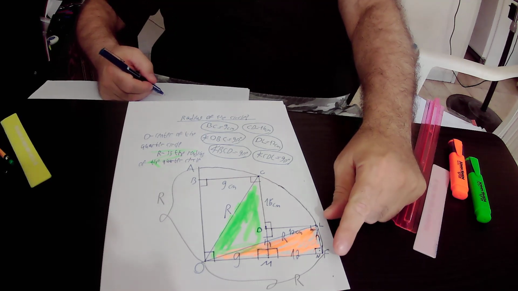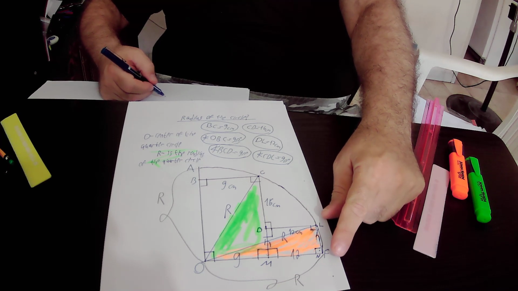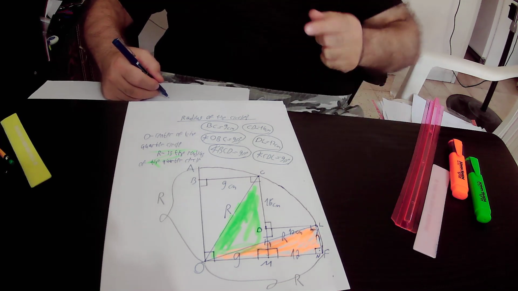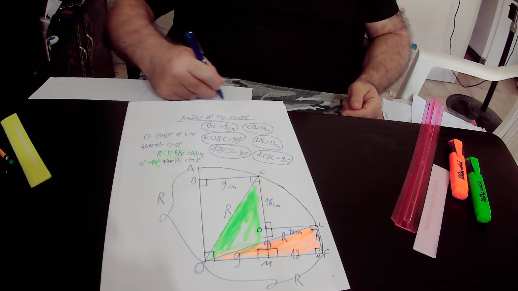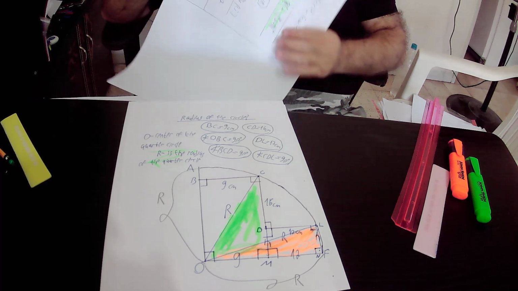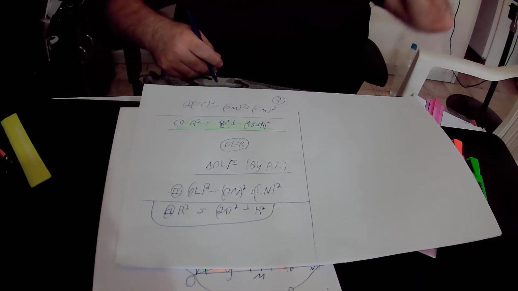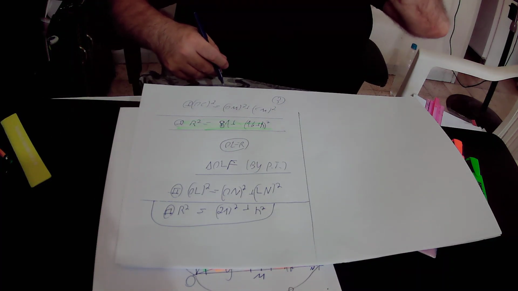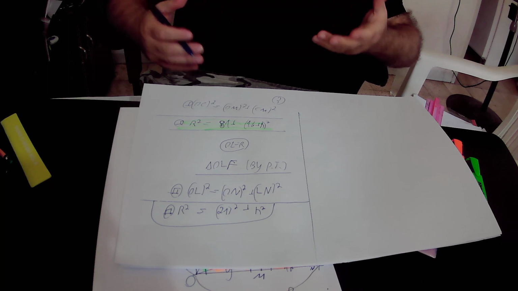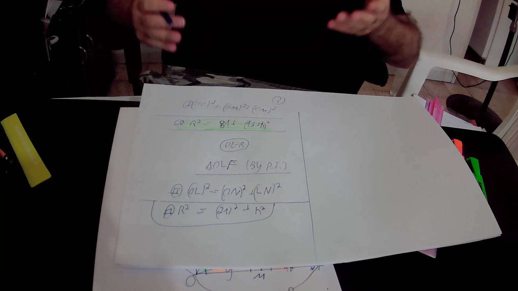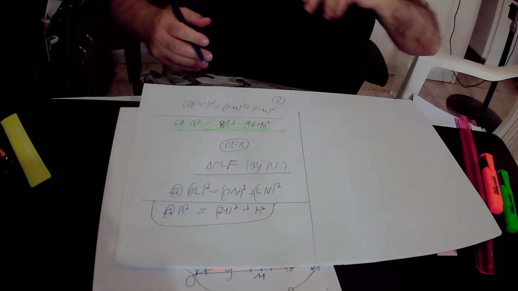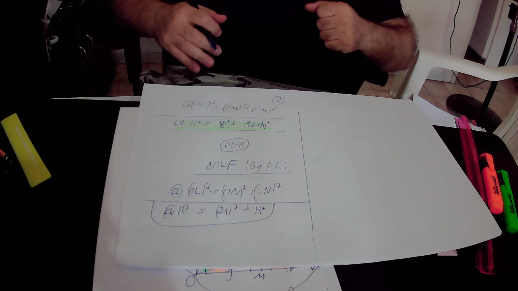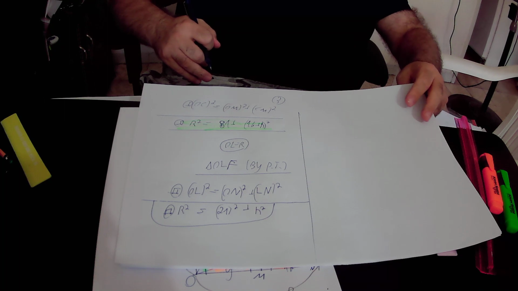Here LN equals H, according to what we have already found, so LN square will be equal to H square. So now we created the second equation. We have two variables with two different equations, and this can be solved.